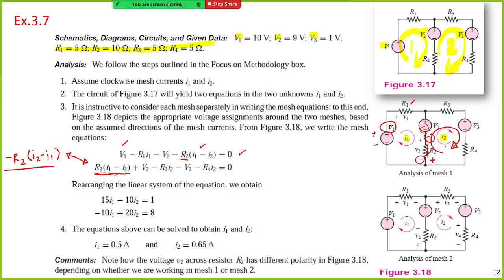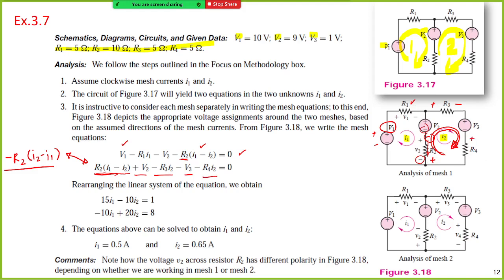And then what happens in this direction? It would be plus V2, plus minus R3 into I2, and then minus V3 here and minus R3 into I2 here.